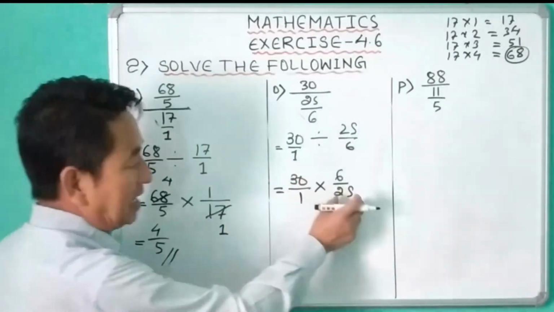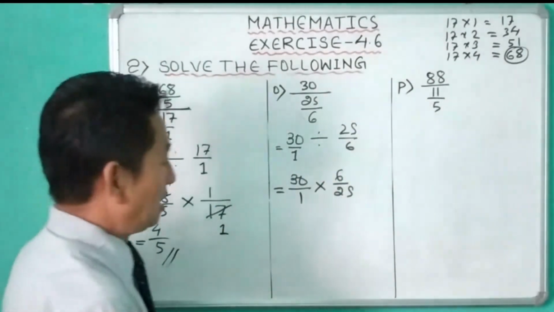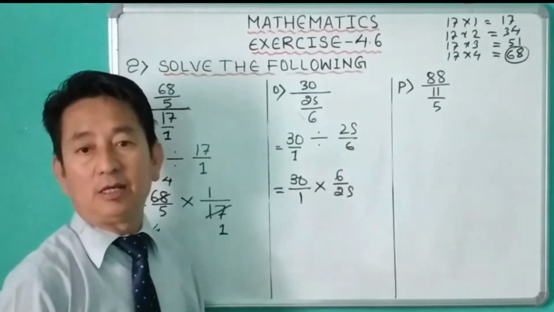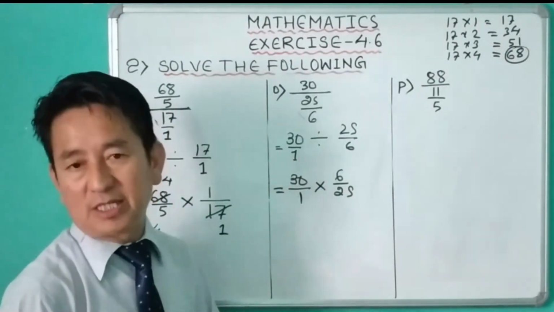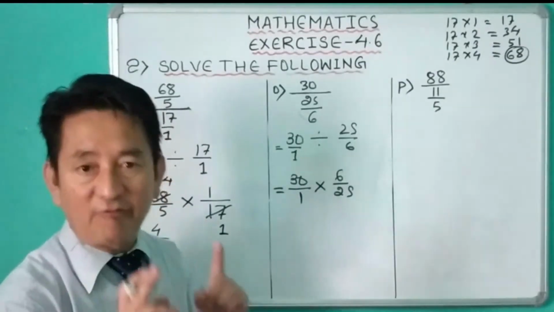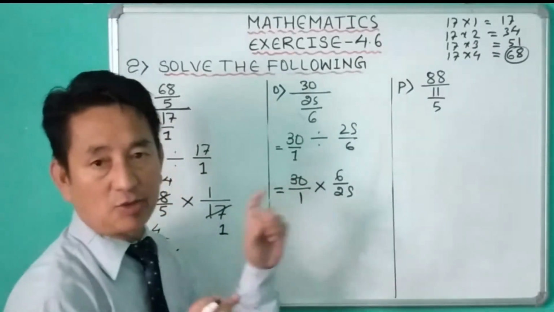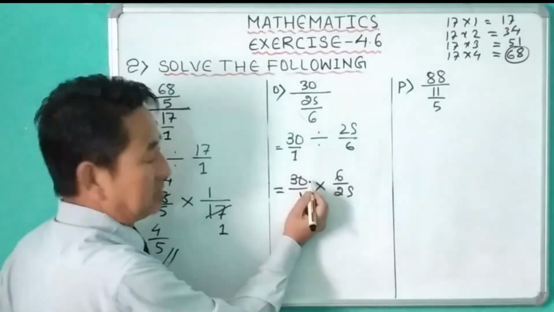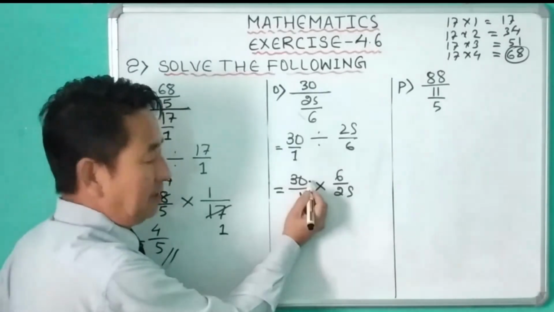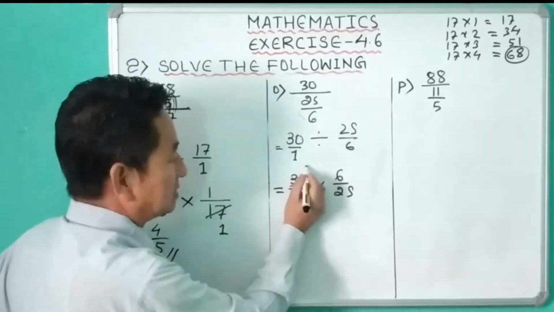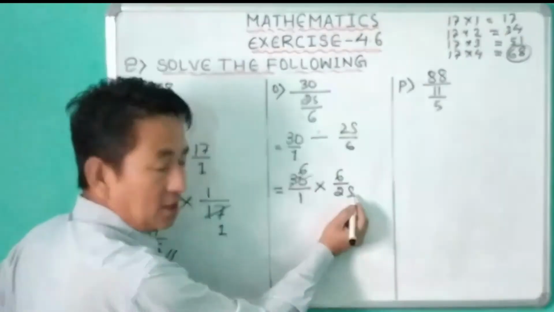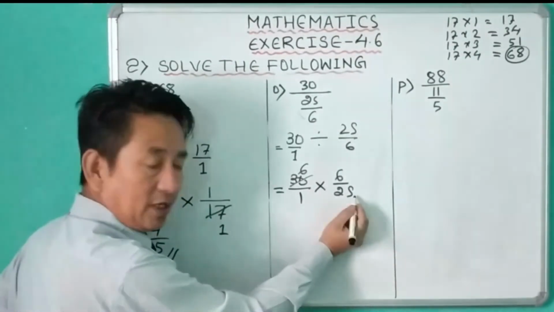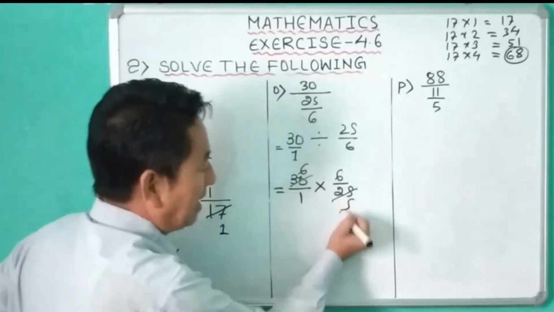Now 30 and 25 will cancel, because we can find both this 30 and 25 in the 5 multiplication table, or 5 is the common factor between 30 and 25. 5 1s are 5, 5 2s are 10, 5 3s are 15, 5 4s are 20, 5 5s are 25, 5 6s are 30.